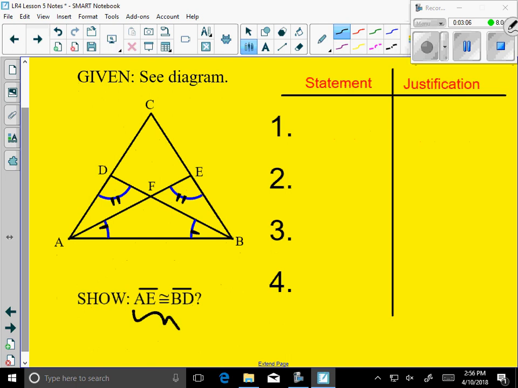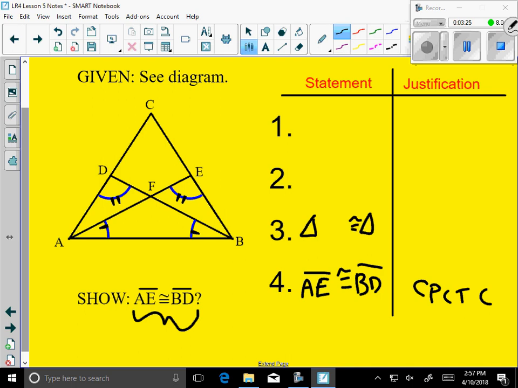Let's try another one here. Okay, I see classic CPCTC. That means I'm going to want to show that AE is congruent to BD. That tells me I'm going to want two triangles congruent to each other. The first triangle I see is ADB.